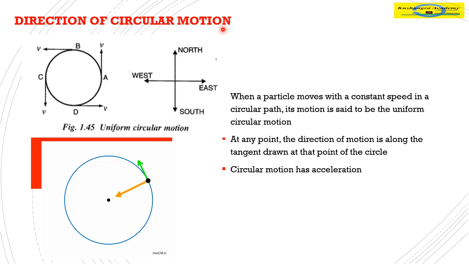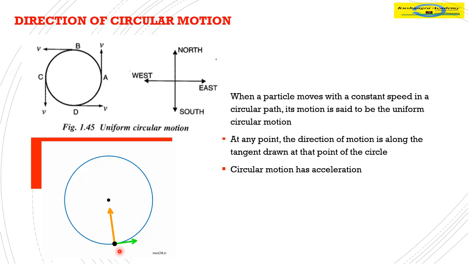Now the direction of circular motion. If we look here, we see that the direction is constantly changing. The green arrow shows the direction. So, when a particle moves with a constant speed in a circular path, its motion is said to be uniform circular motion. At any point, the direction of motion is along the tangent drawn at that point of the circle.